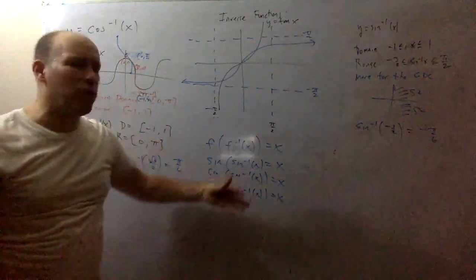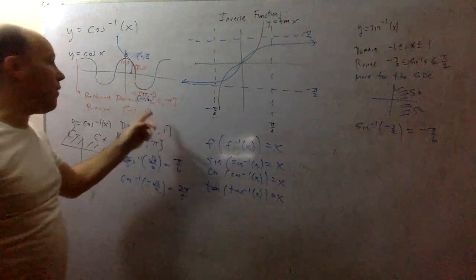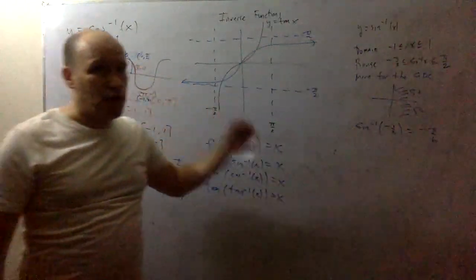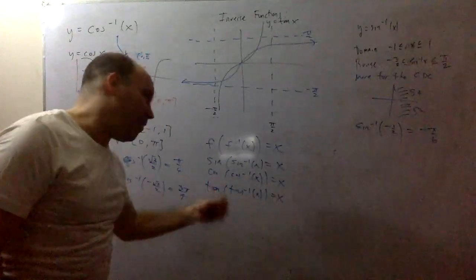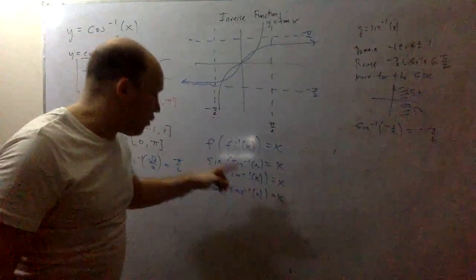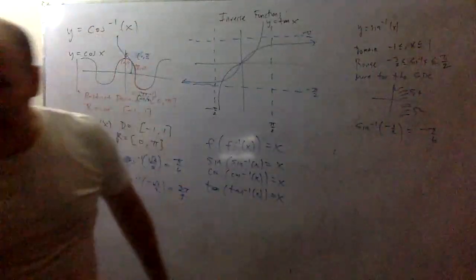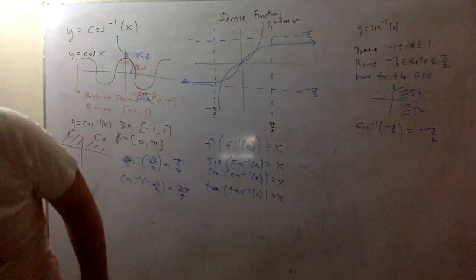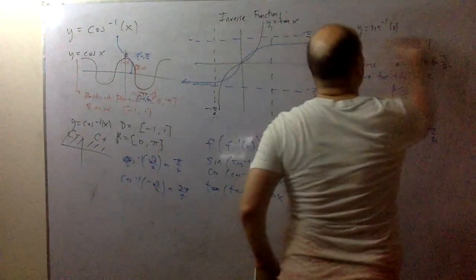In the book they talk about you have to be careful if you switch these around. Remember, only the domains of the inverse functions are restricted. So I can put anything into sine, cosine, and tangent, but I can't put anything into inverse sine, inverse cosine, inverse tangent. And let's just finish up this subunit by doing some problems.